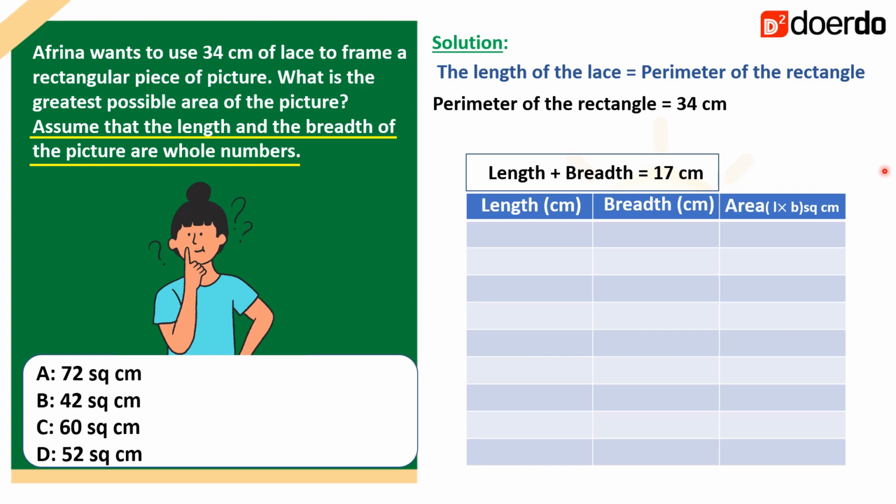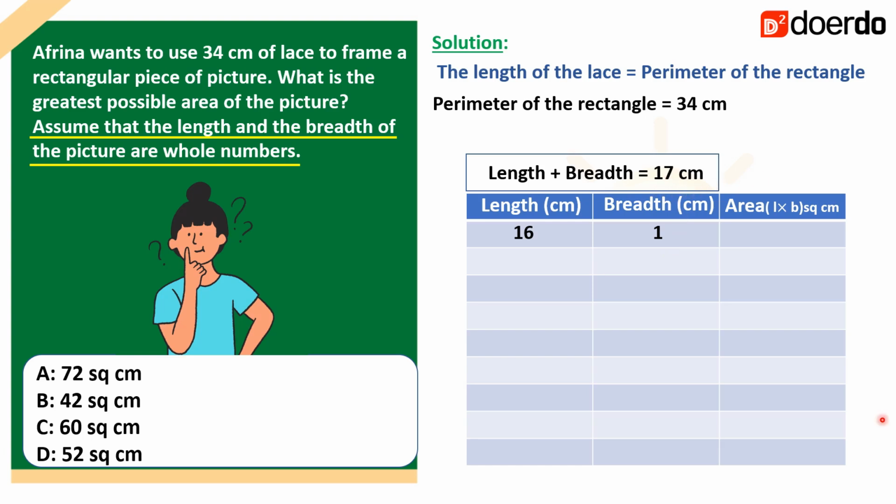Initially, we take breadth as 1 centimeter. We must follow the condition, length plus breadth should be 17 centimeters. If breadth is 1 centimeter, then the length should be 17 minus 1, which is 16 centimeters. That means 16 plus 1 equals 17 centimeters.